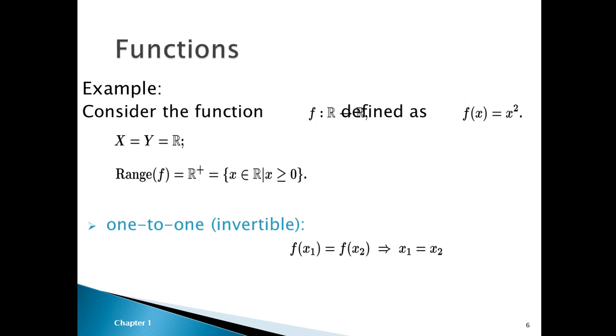The output of a function from A to B always belongs to the codomain B. However, not all values in the codomain are always covered by the function. In the above example, the function value is always a positive number.